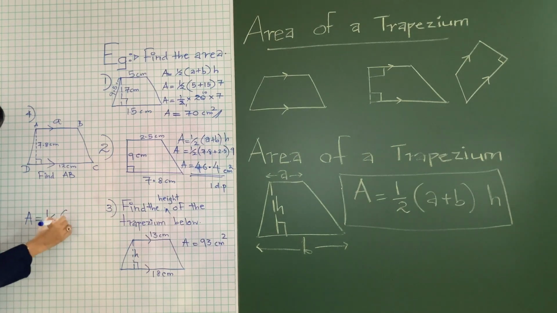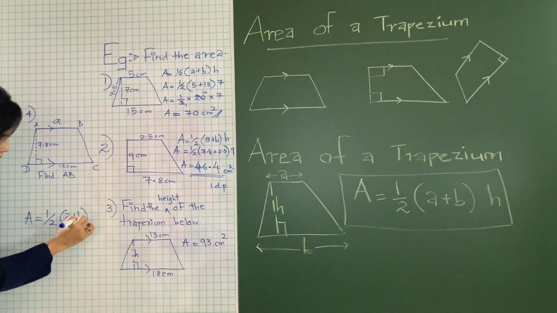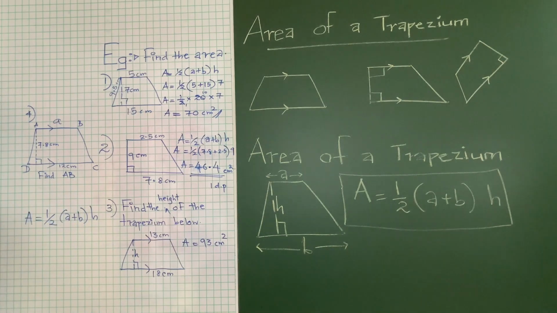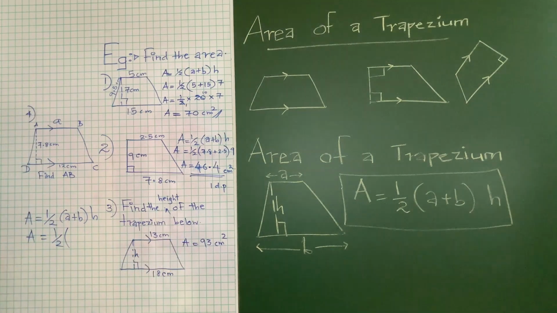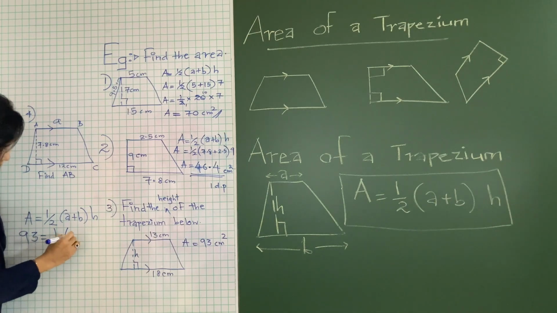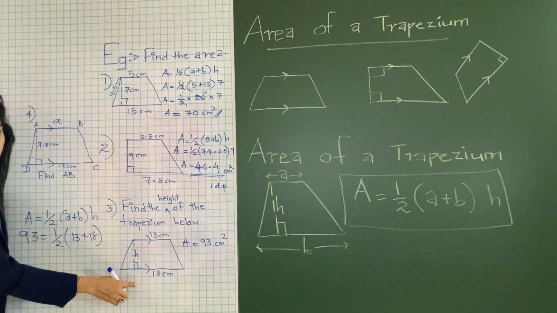Area is equal to half into a plus b into h, and then area is equal to half into, what is the area? 93. We can directly apply 93 in the area. Half into a plus b, 13 plus 18.